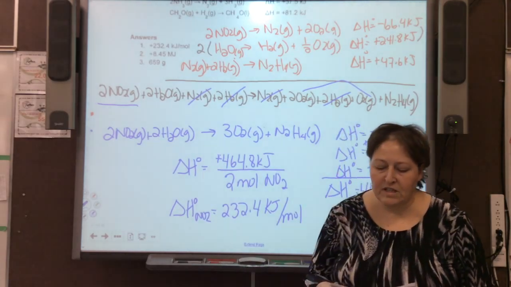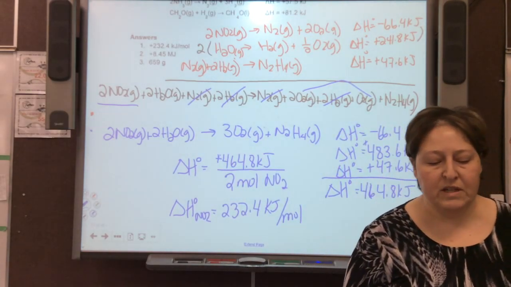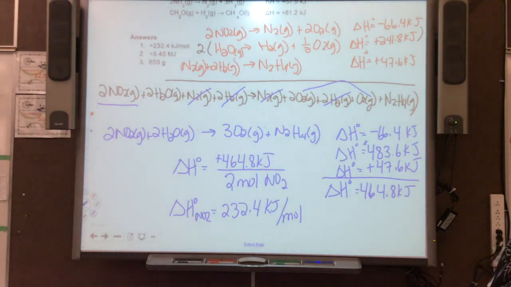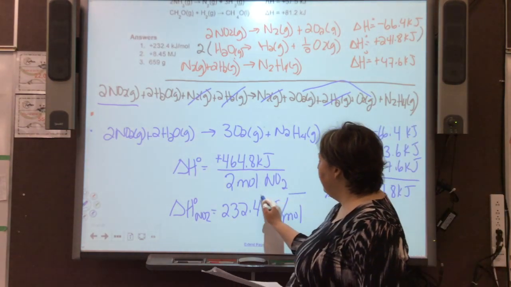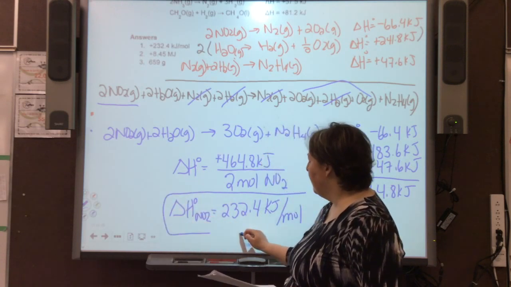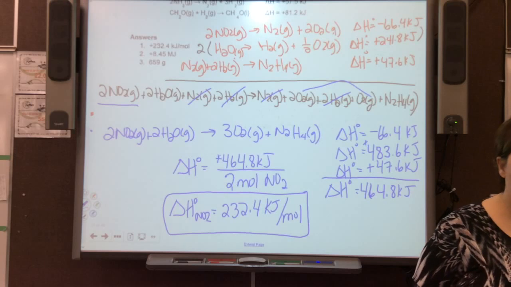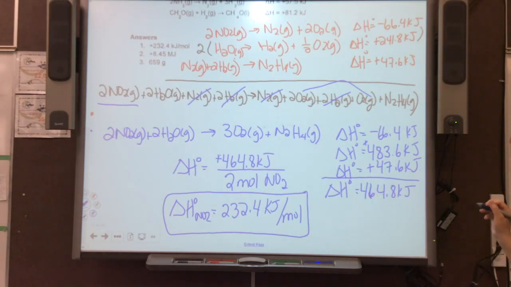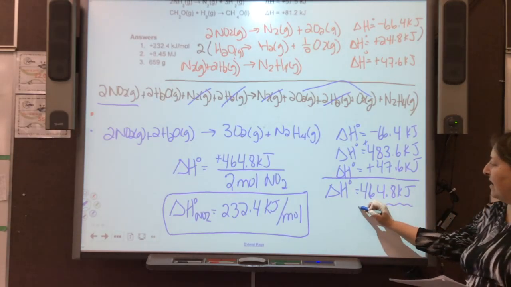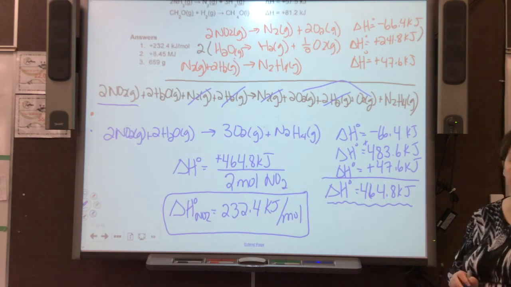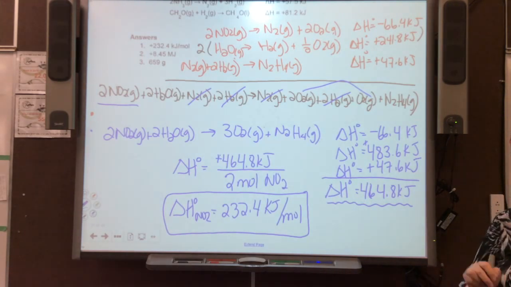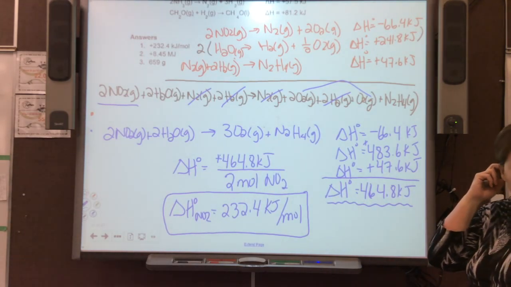Right? Because the original question is molar enthalpy change for nitrogen dioxide. So this is our final answer for number 1. Molar enthalpy. Okay, but we needed the net enthalpy change for the whole entire reaction first, because all we had were intermediates.